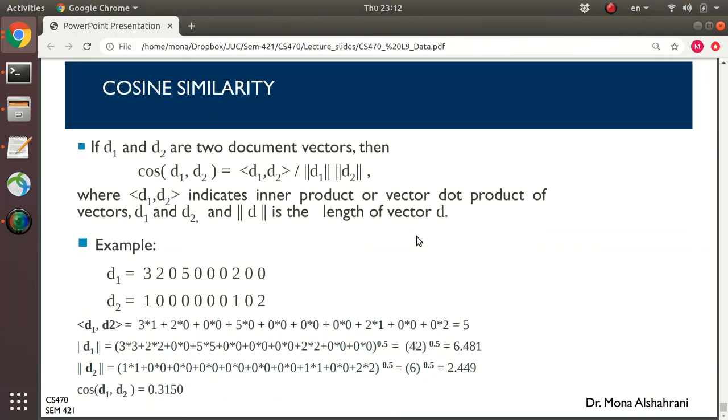So as a summary of this lecture, we covered what is data, what kinds of attributes can describe data objects, what the different types of data are, how we can improve the data quality, and how we can measure the similarities between objects.